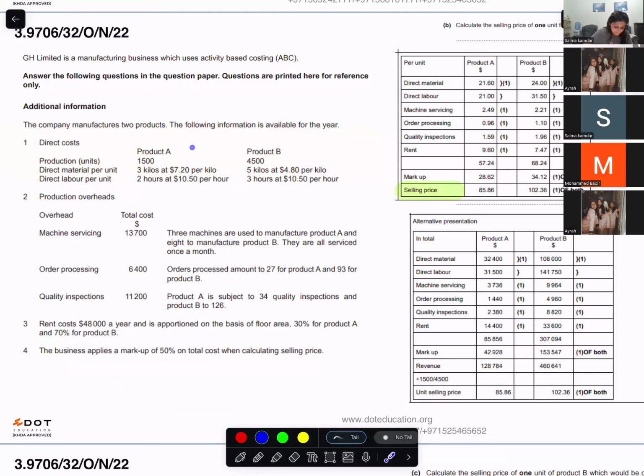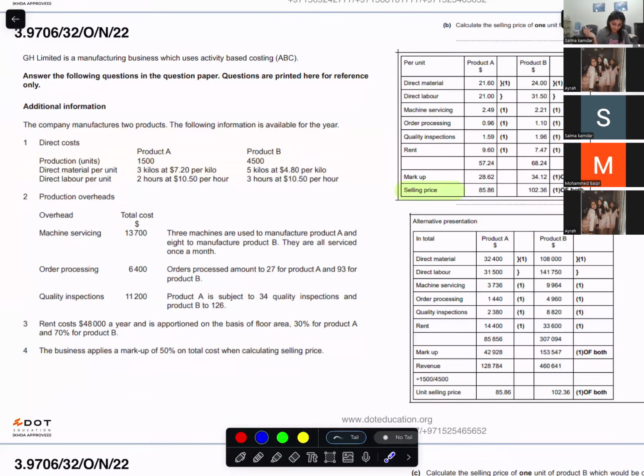So the direct costs are given to us. Then the production overheads are given, product A, product B. Product A is using 1500 and 4500 units are being produced. Since I want the selling price of one unit, I will take everything per unit.